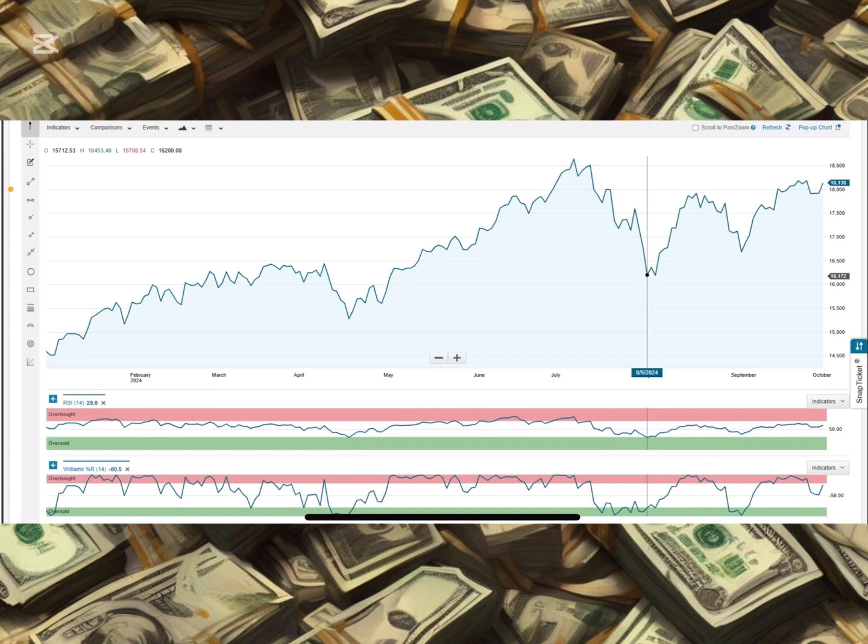The first is 100 minus 100 over 1 plus the average percent gain over 14 over the average percent loss over 14. That result is then used in the next equation, which is 100 minus 100 over 1 plus the previous average gain times 13 plus current gain, over the previous average loss times 13 plus current loss.